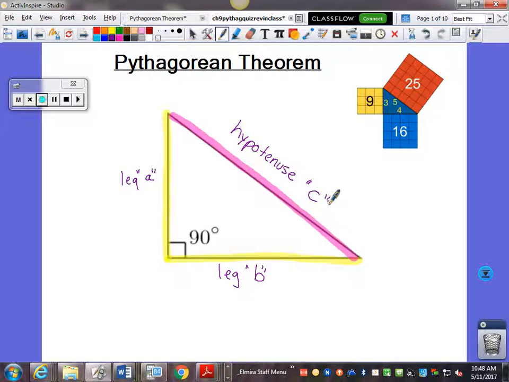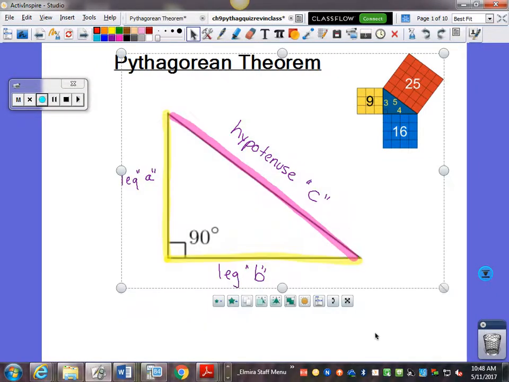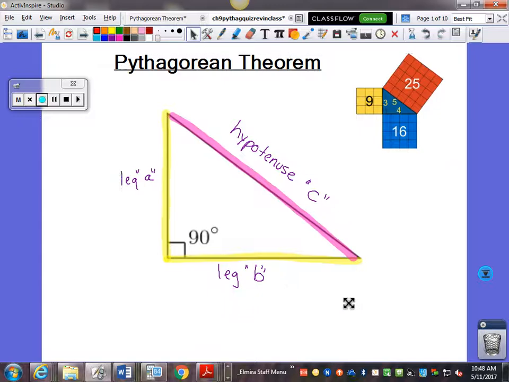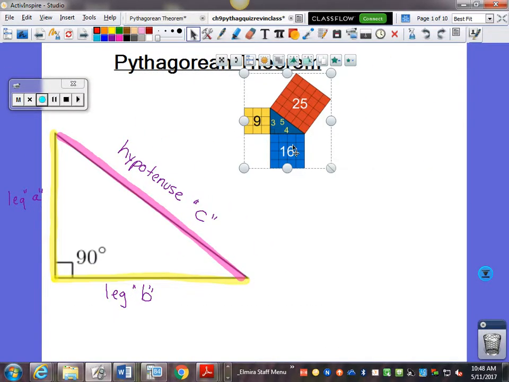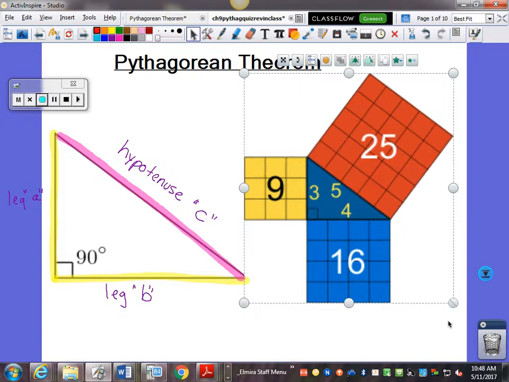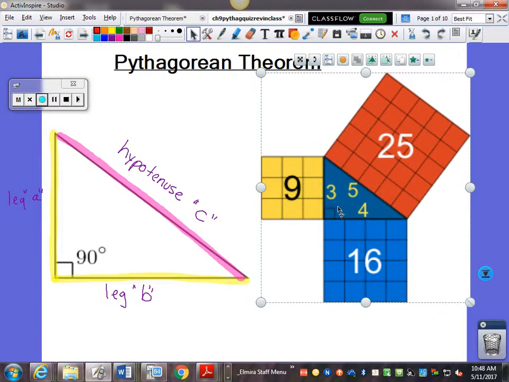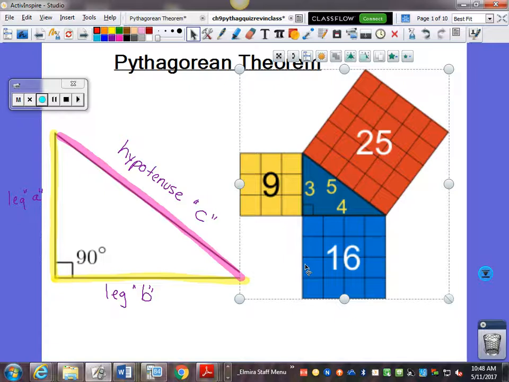And what they discovered is that, let me just move this out of the way. Okay, I'm going to blow this one up a little bit. Say for example, I have a side of 3 and a side of 4. Okay, 3 squared makes 9, and 4 squared makes 16.